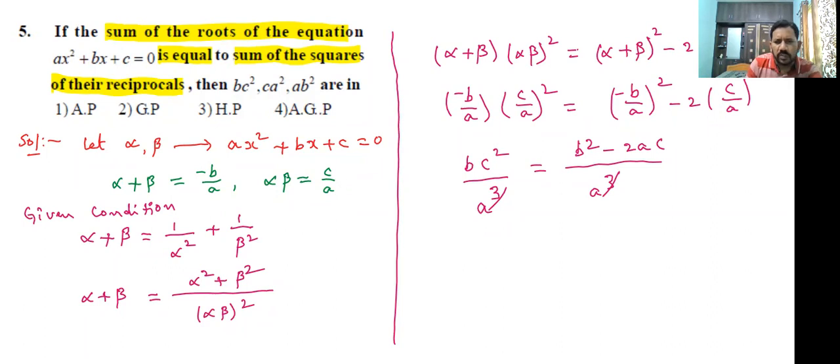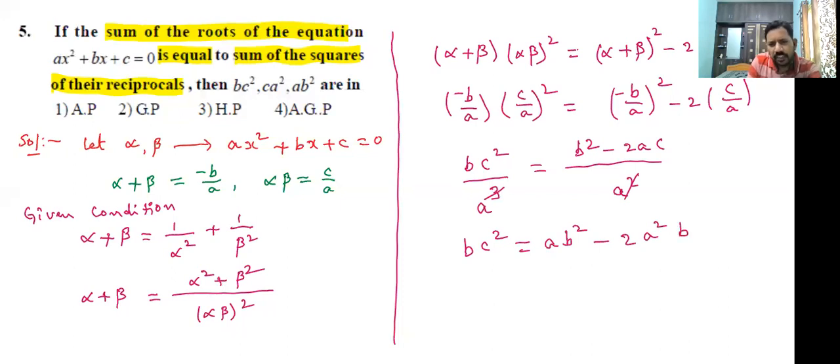Alpha plus beta whole square. Okay. B square minus. Students, right hand side LCM, that is not a cube, only a square. Now, if you cancelled a square, one more a is pending here, a cube. Now take cross multiplication, bc square, that is equal to ab square minus 2a square b.